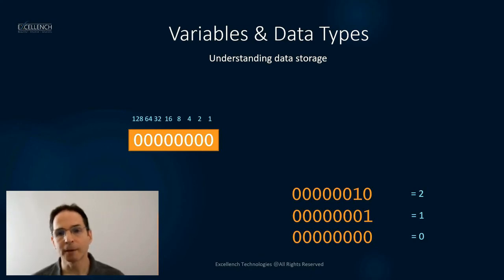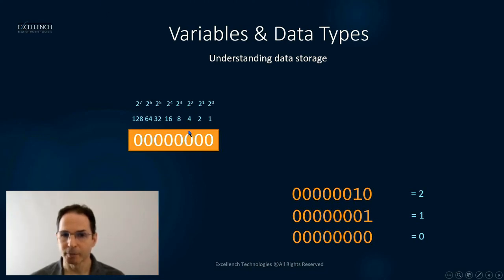Actually, since each bit has only 2 options, this pattern is received by taking the power of 2. So 2 to the power of 0 gives us 1, 2 to the power of 1 gives us 2, 2 to the power of 2 gives us 4, etc. Up to the third position, if we only look at the first 2 bits on the right, we have 2 by 2 possible combinations of these 2 bits.